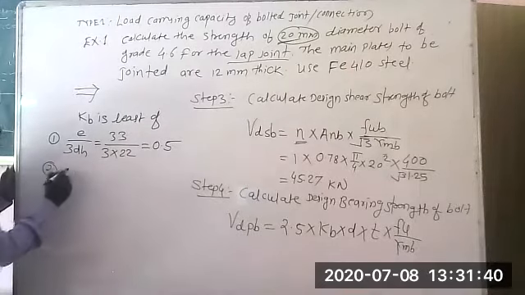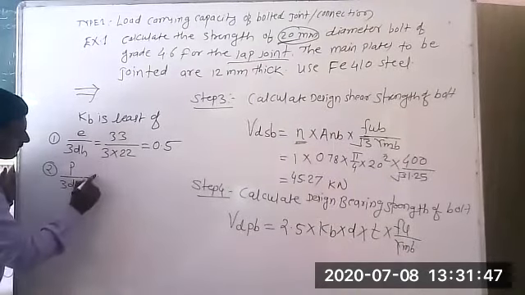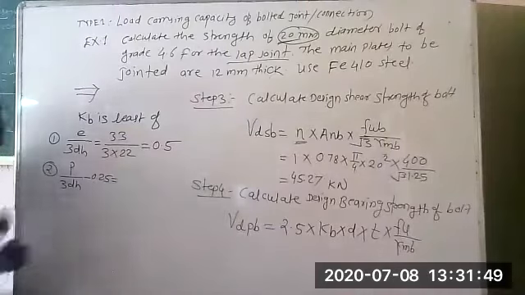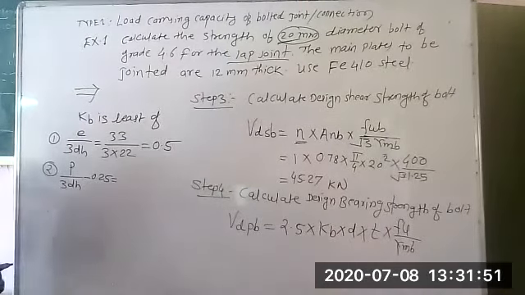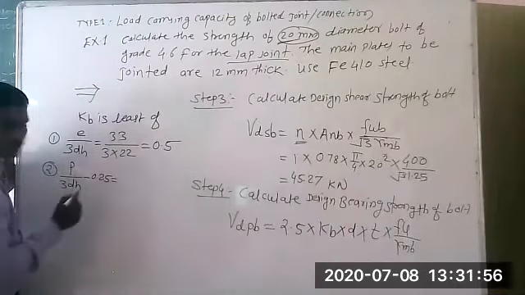Now second, P divided by 3DH minus 0.25. The second value of KB is P divided by 3DH minus 0.25.